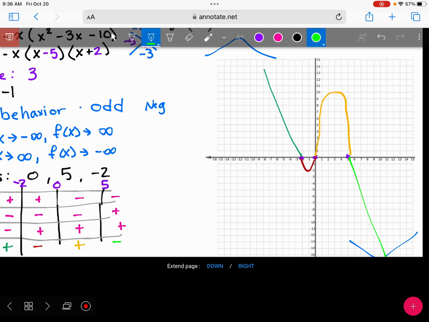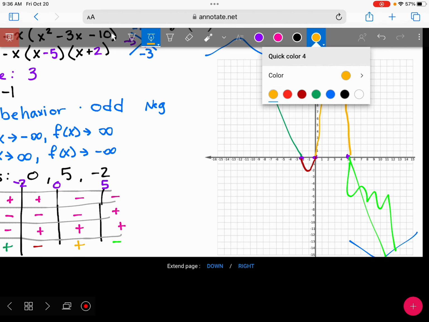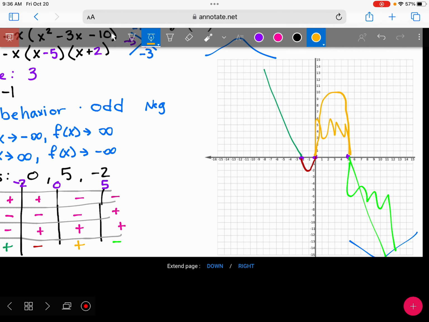Maybe this segment on the side does something like this. Maybe it's all kinds of wonky and weird, as long as it doesn't cross the x-axis again, because we already have all the number of roots that we have. Okay, so creative expression. You can go wiggle squiggle on these guys, as long as you don't add more x-intercepts, you're fine.